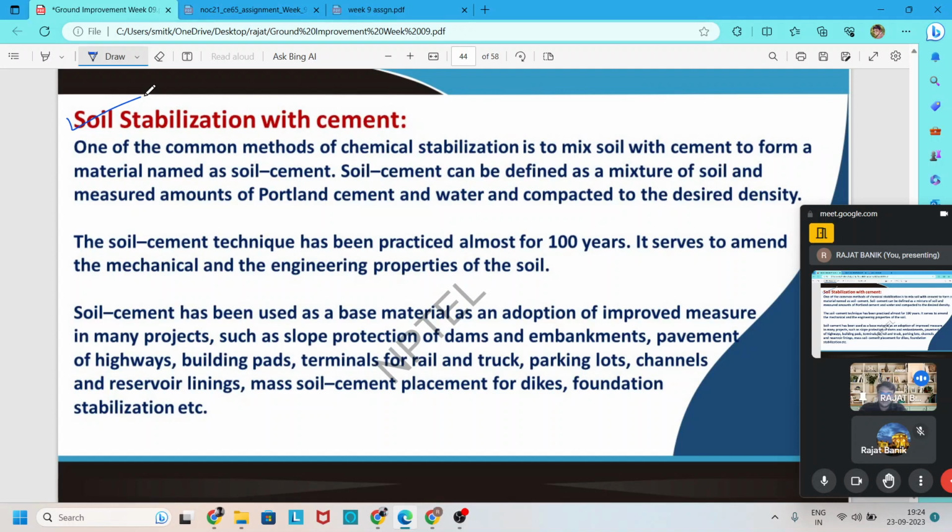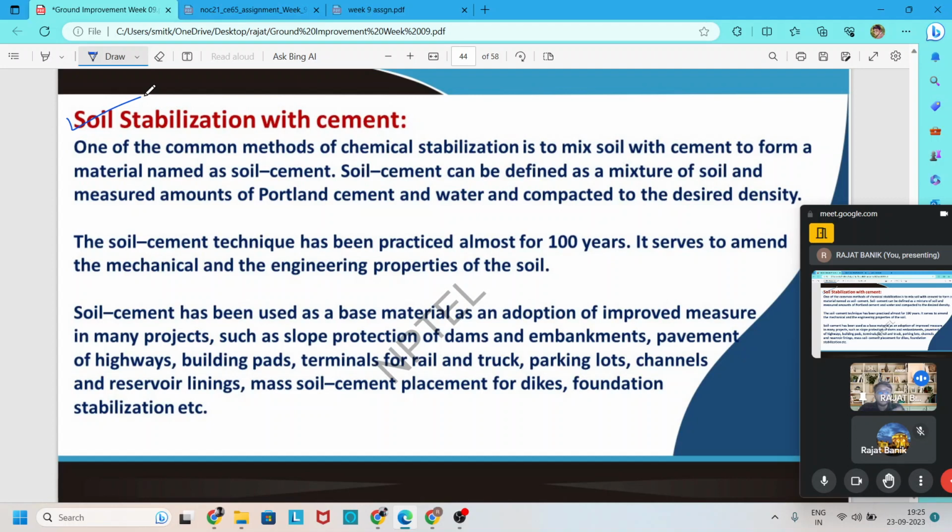The soil cement technique has been practiced for almost 100 years, and it serves to amend the mechanical and engineering properties of the soil. Sorry, about 100 years, not 1,000.